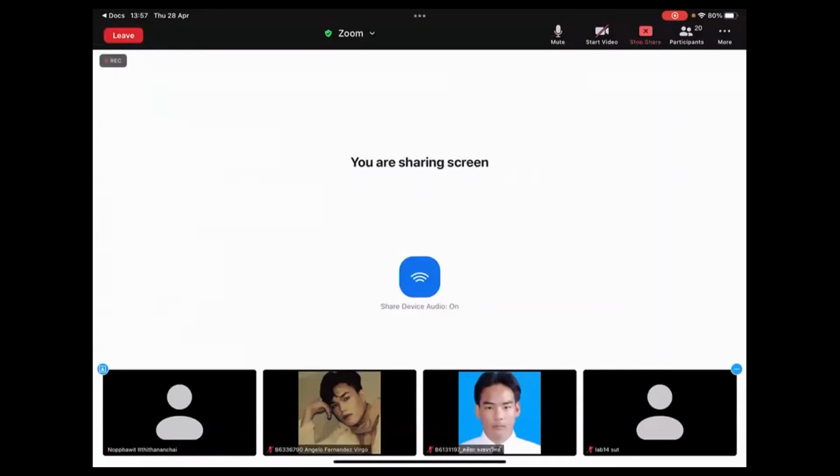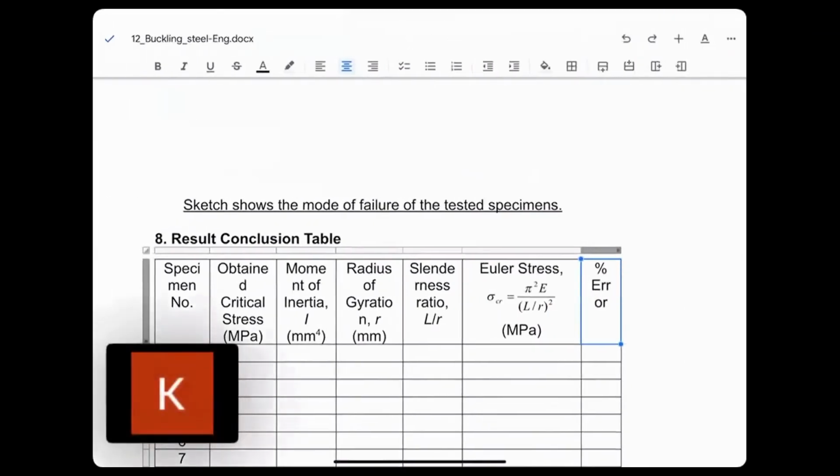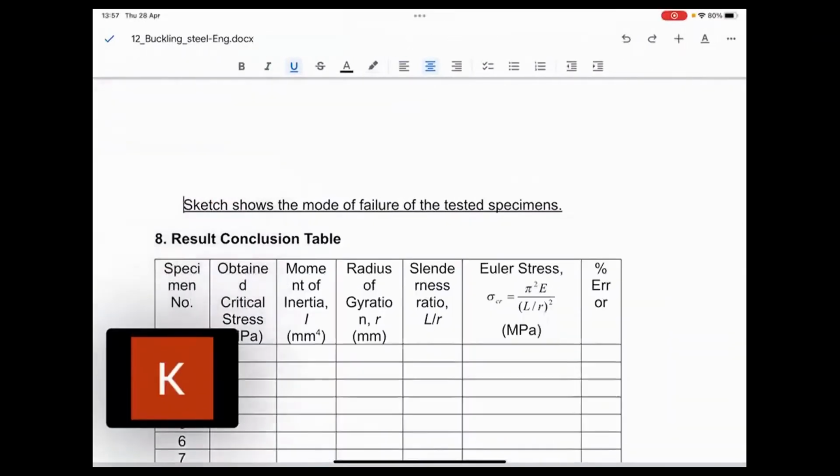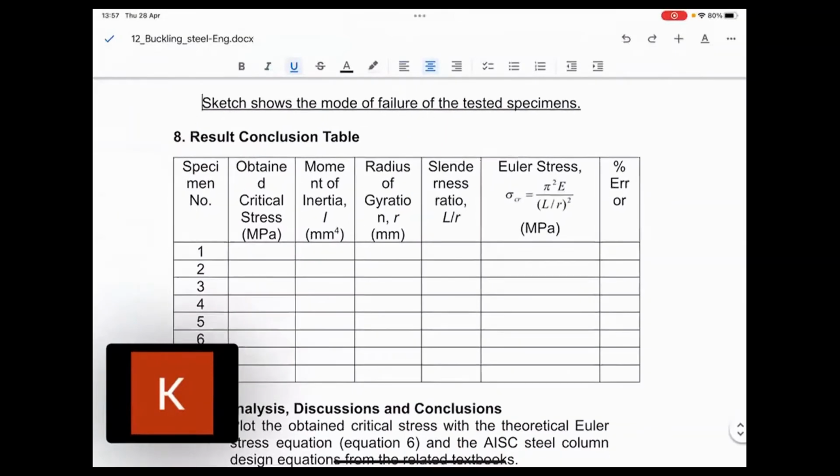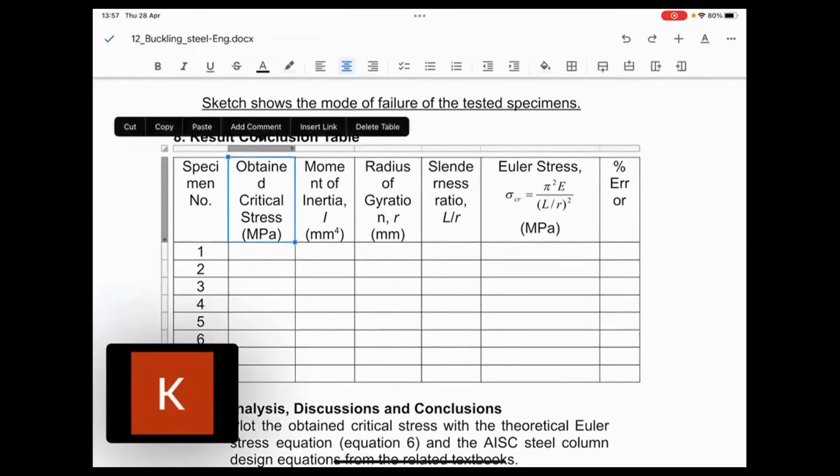Okay, so what you have to do is complete this table, which has the critical stress from the machine, the moment of inertia from the area of the specimen, and the radius of gyration, which is from the moment of inertia divided by A, right?